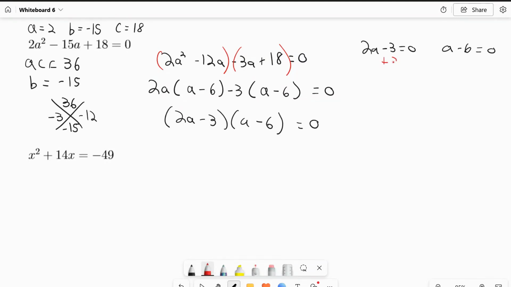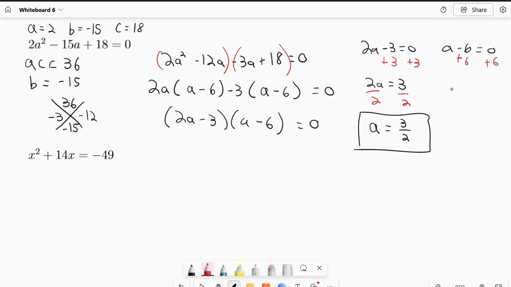For my first factor, I'm going to add 3 to both sides, which leaves me with 2a equals 3, and then I will divide both sides by 2, which leaves me with a equals 3/2. On my other side, I'm going to add 6 to both sides, which will leave me with a equals positive 6. And those will be my two solutions.